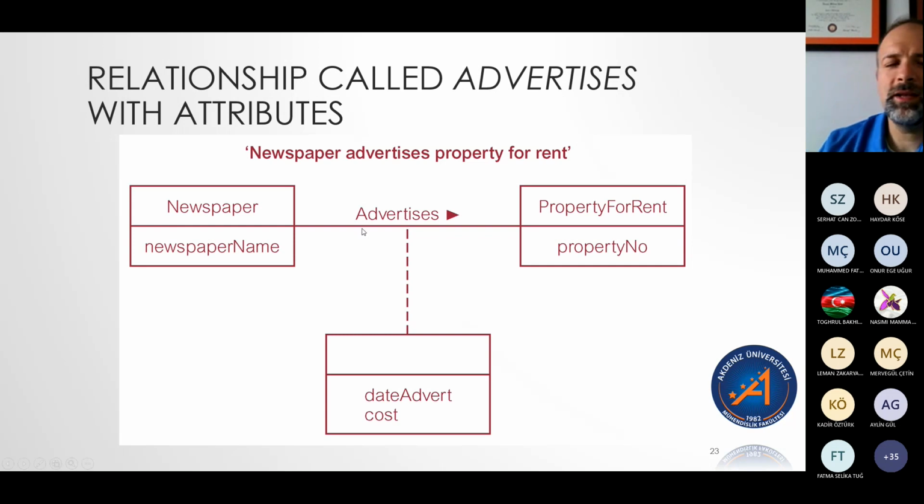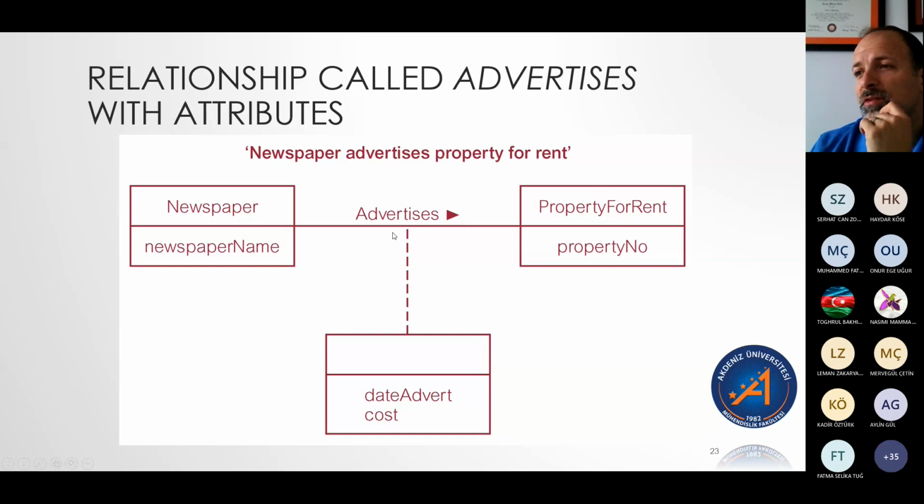Now, as I said earlier on, another thing is a relationship can have attributes. For example, a newspaper advertises a property for rent. So we're going to advertise our properties for rent in certain newspapers. Every time our newspaper advertises a property for rent, we may have things like, what date did we do that on?